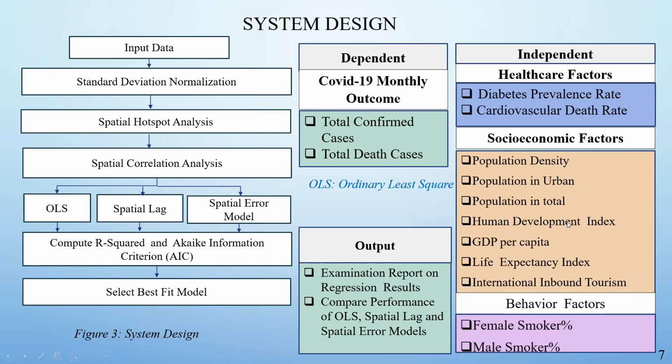And the human development index, GDP per capita, and life expectancy, because I think if those indexes are higher, the incident rate may be lower because of the higher standard of lifestyle and healthcare facilities. And the international inbound tourism index is included because if tourists come into a country so much, the transmission rate may be high.